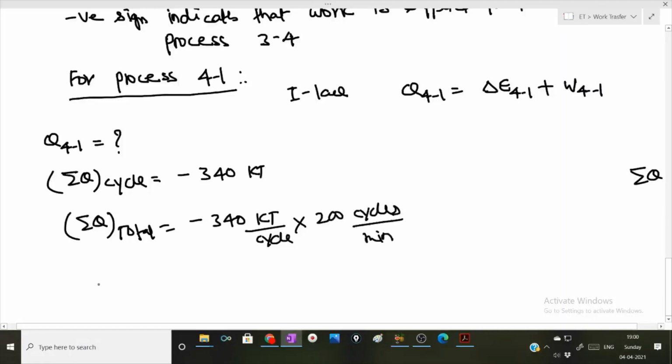So from here, net heat transfer during all the processes will be minus 68,000 kilojoule per minute.